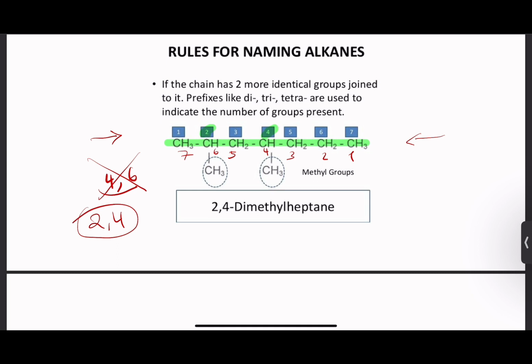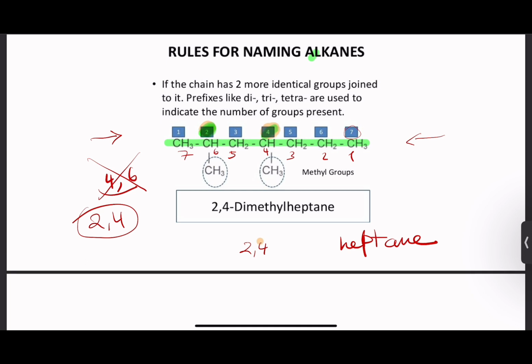So my root is 7 carbons, so it'll be hept. And because I have only single bonds, it is ane, heptane. And then my prefix is going to be 2 and 4. You see, I have on a second carbon and fourth carbon, I have methyl.